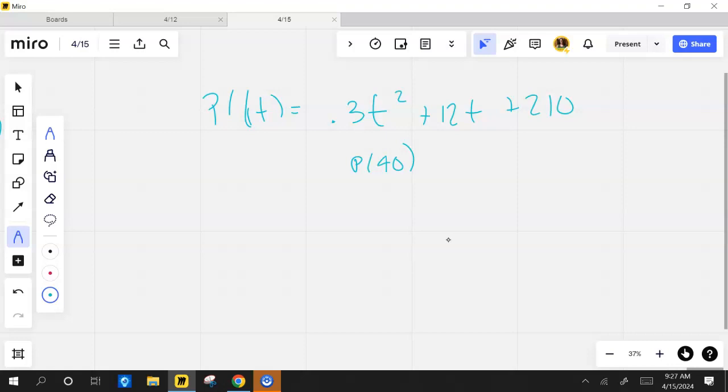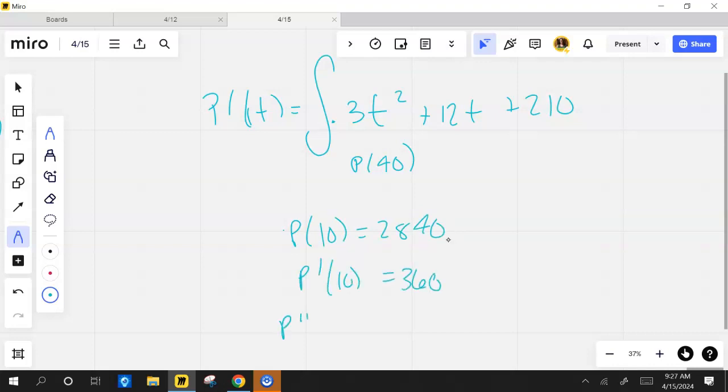I did integrate here and found that P of 10 was 2840. The derivative was 360. I found all of these whenever I worked through because it's only asking me about time 10. And I found that 1, 2, and 3 were all true. Yeah, you just had to go through and find those derivatives.